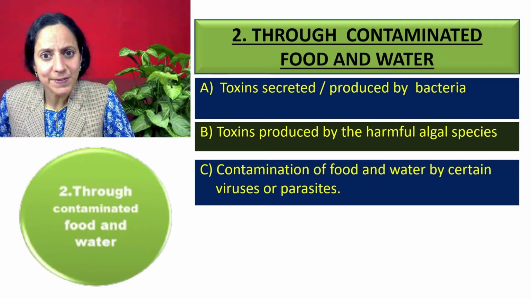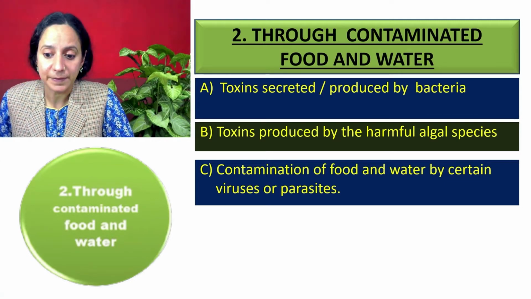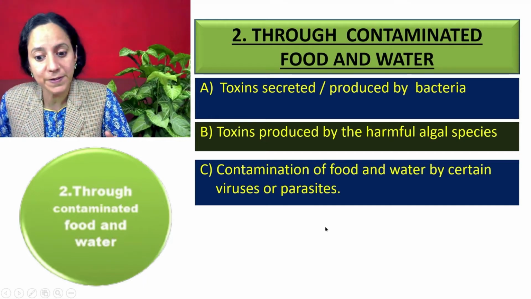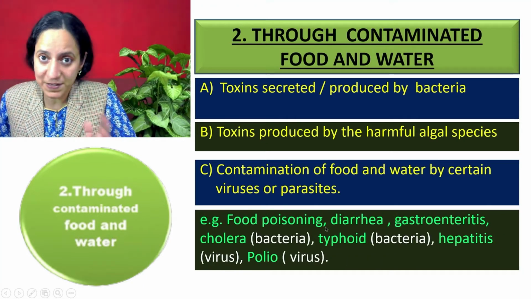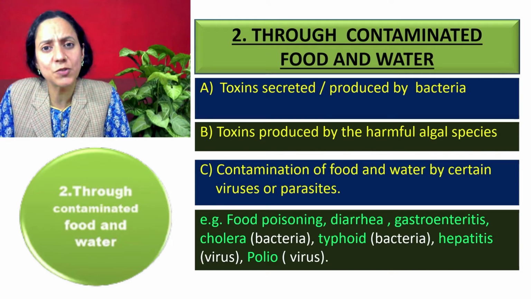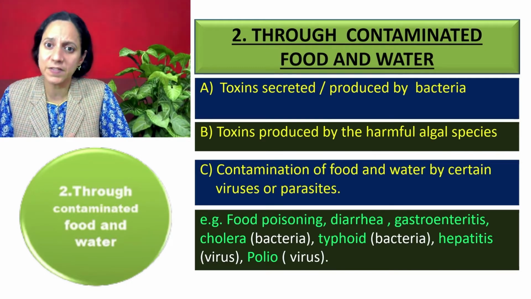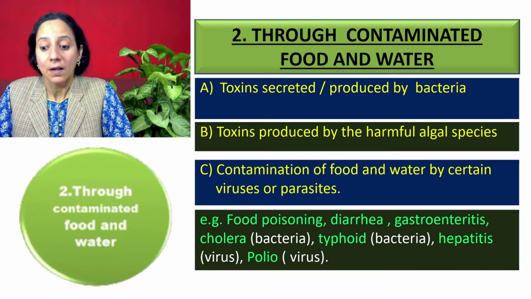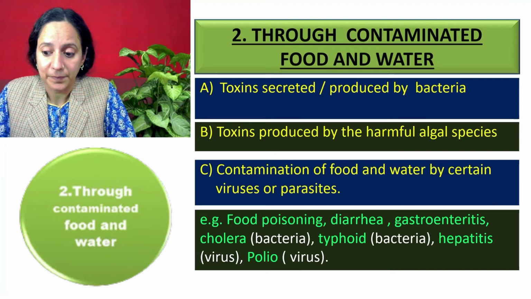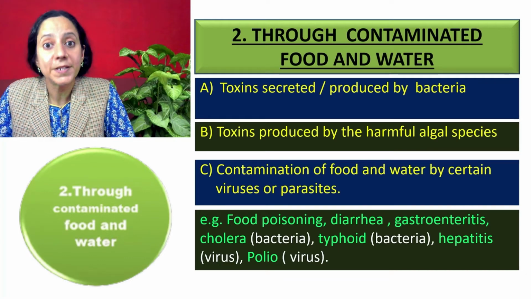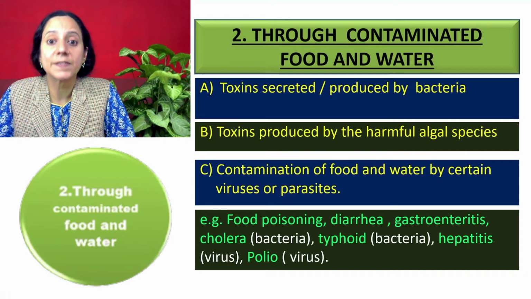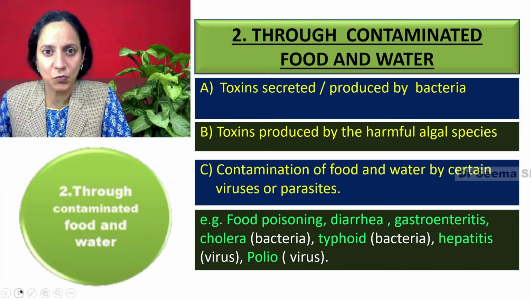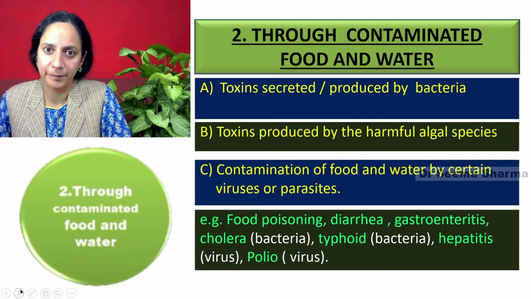Even parasites and viruses contaminate our food and water in different ways. All these harmful microbes are responsible for a variety of diseases in human beings like food poisoning, diarrhea, gastroenteritis, cholera, typhoid, hepatitis, polio. We have to eat freshly prepared food and drink clean water.